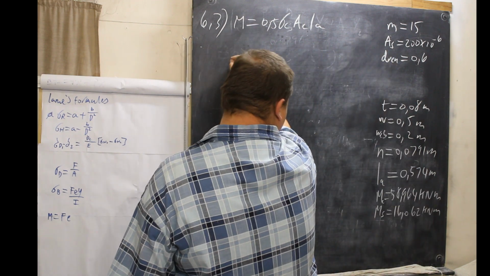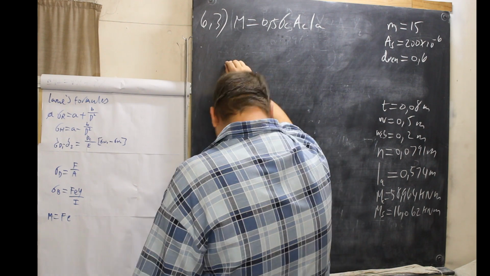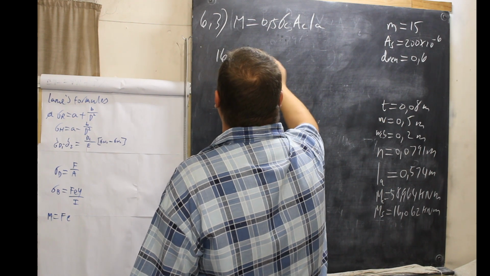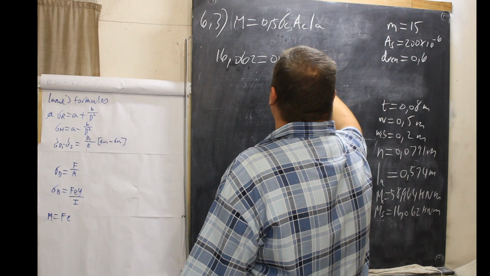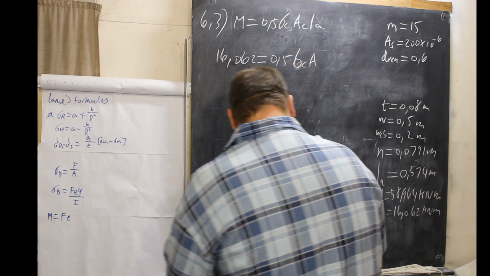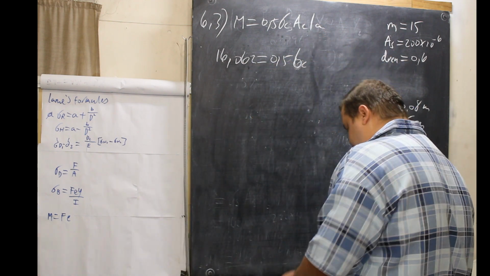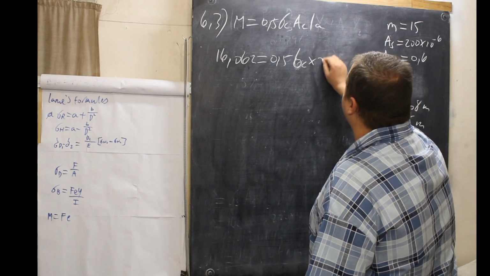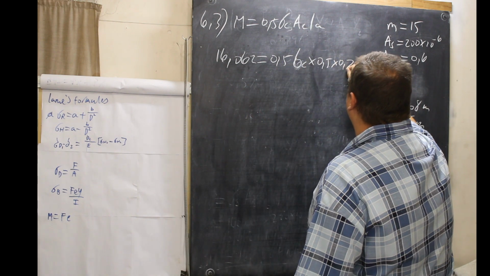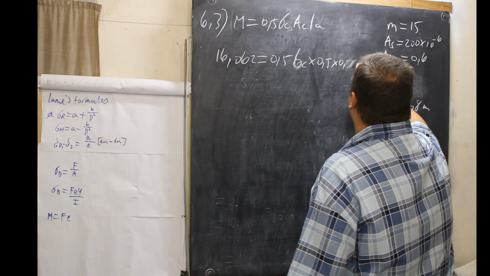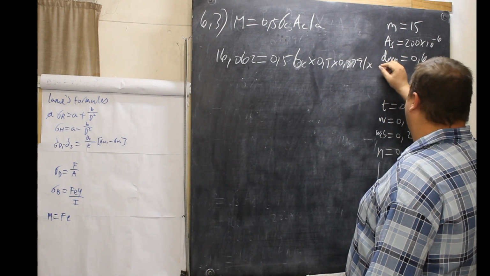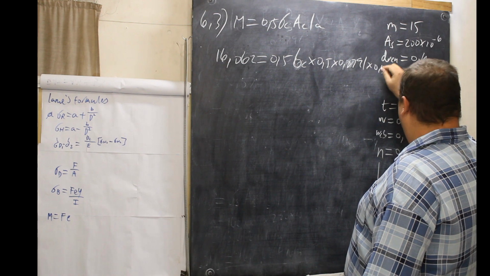Well, we have M for concrete, which is 16,062, equals 0,5 stress of the concrete, area of the concrete, which is 0,5 times 0,0791, times LA, which is 0,574.